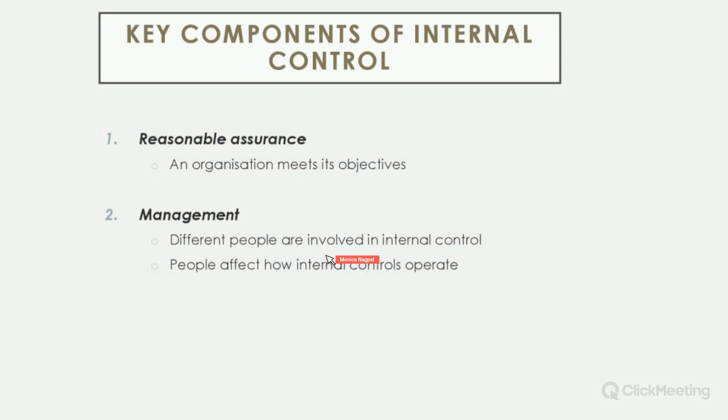When I say different people are involved in internal controls, say for example, you are working in an organization, a big public listed company, and you are using a big accounting software system, not just an accounting system, maybe say it's an enterprise resource management system.